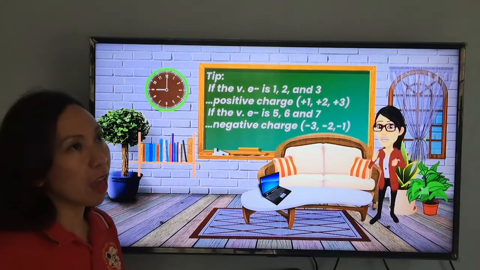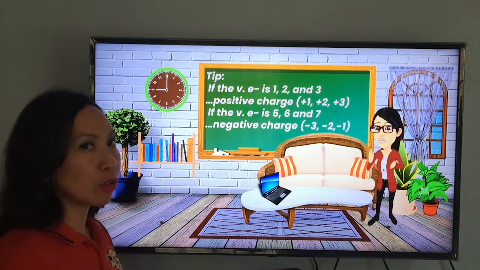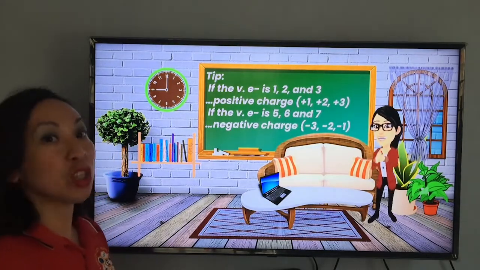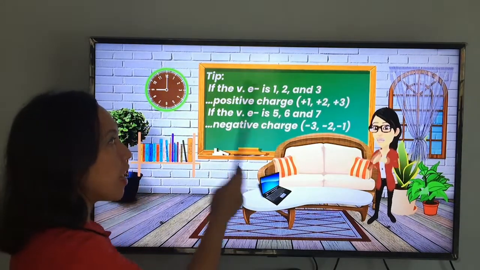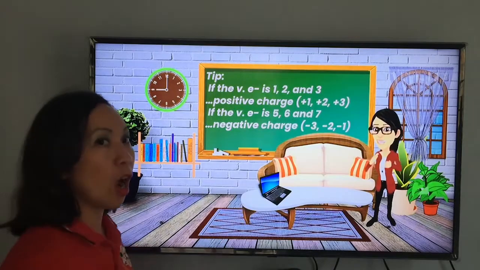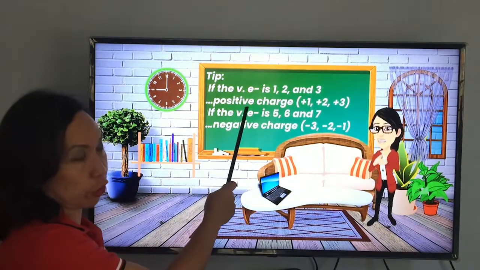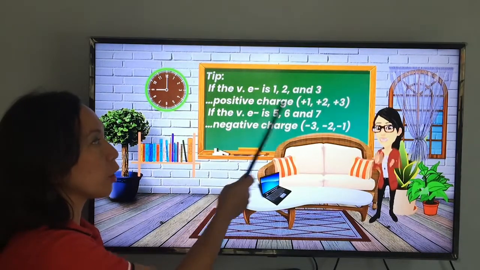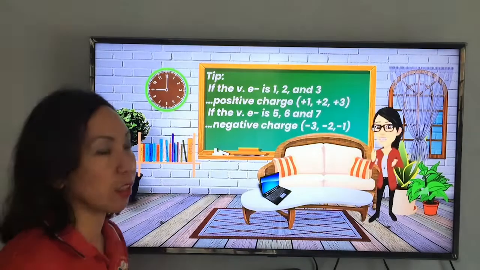So let's have a quick tip on how to determine the charge based on its valence electron. If the valence electron is 1, 2, 3, automatically all of them have a positive charge. So the oxidation number is positive 1, positive 2, and positive 3 respectively.